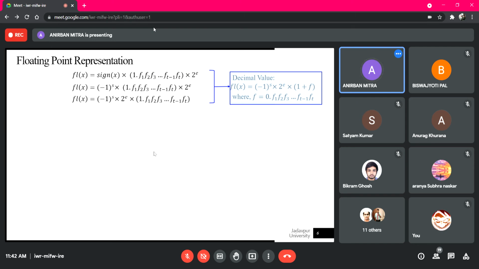So you have FLX equal to (-1) to the power s, which could be 0 or 1, multiplied by 2 to the power e, the exponent, multiplied by 1 plus f. Here is the 1 that was left implied, that is added up over here.